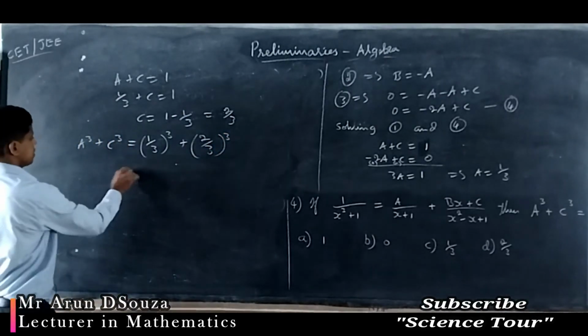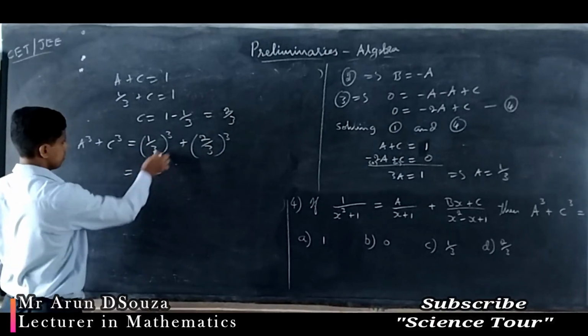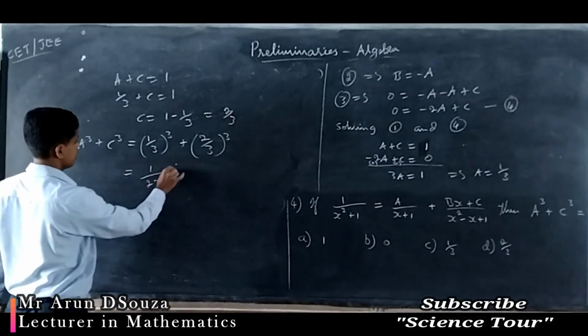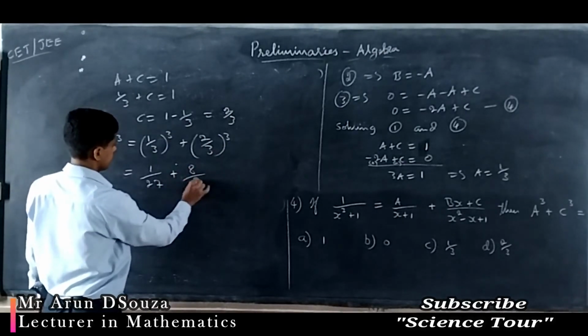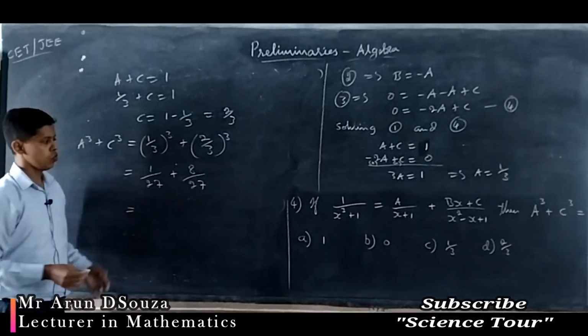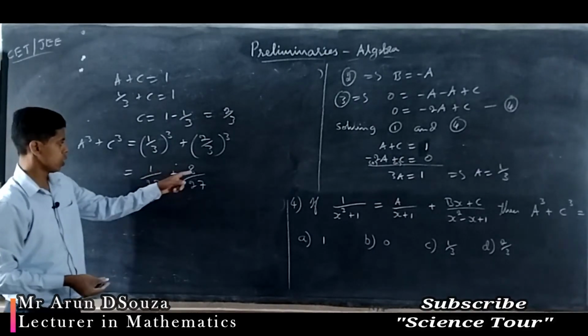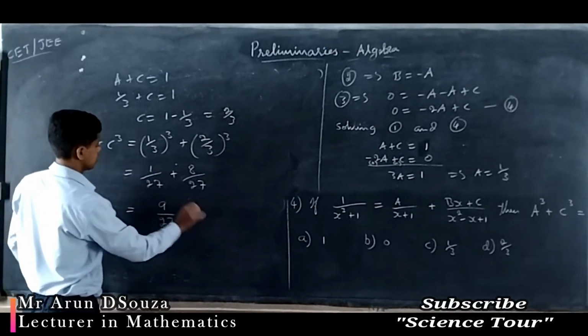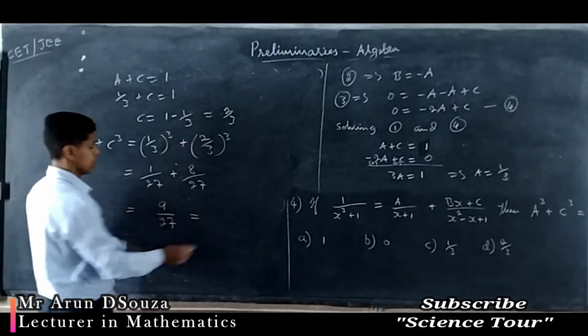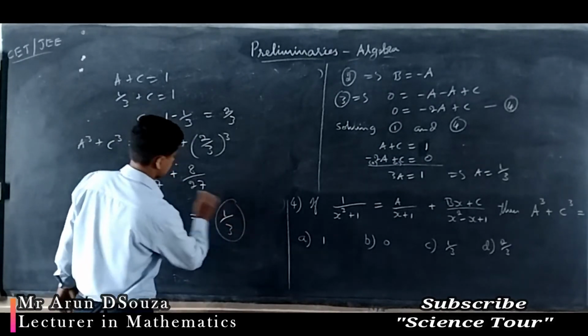Well, see, 1 cube is 1, 3 cube is 27, and 2 cube is 8, and divided by 27, and what is it? This is 1 plus 8, that is 9 by 27, and which is 9 ones are 9, 9 threes are 27, therefore this is 1 by 3.